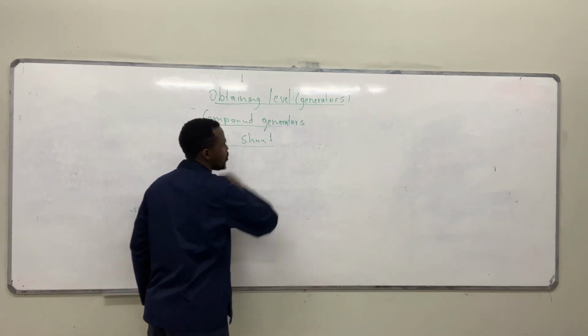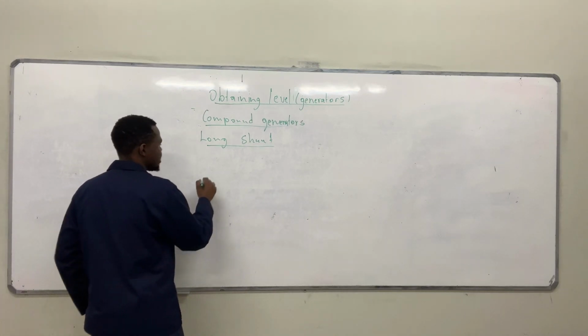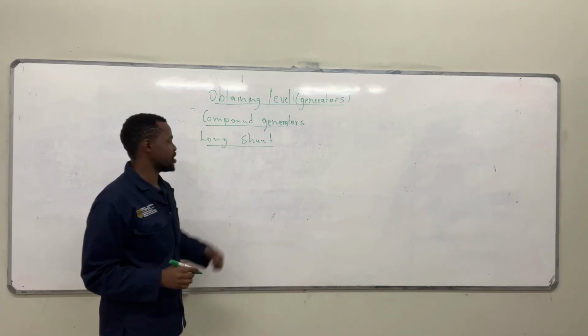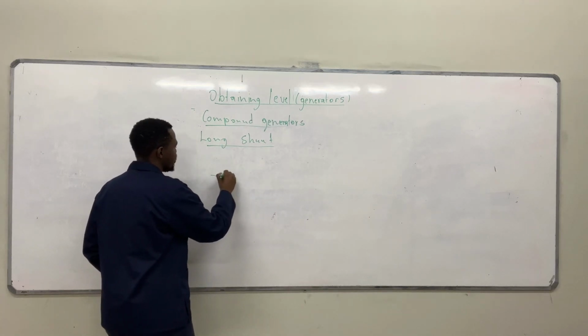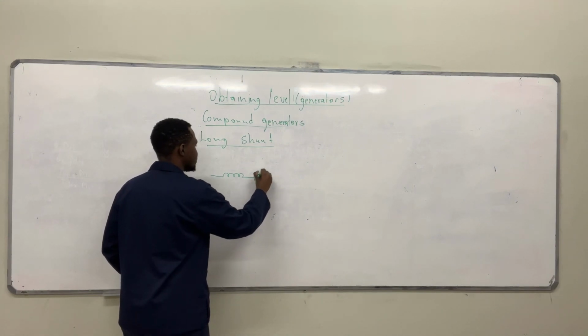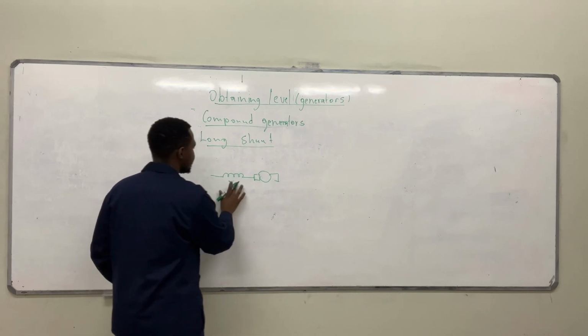Okay, compound generator. So it's a combination of a series and a shunt. Here is my series field winding.